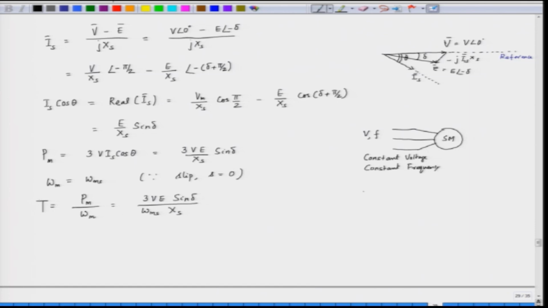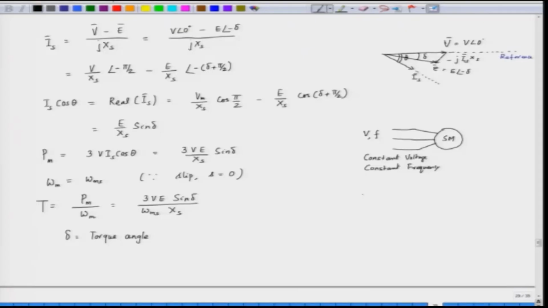In this case we can plot this torque versus delta. Delta is called the torque angle. As we go on varying delta, the torque will change. The voltage is constant, the field is constant, the frequency is constant, the speed is constant.